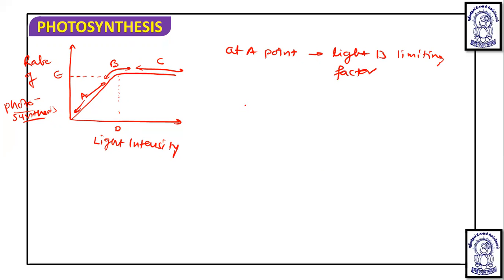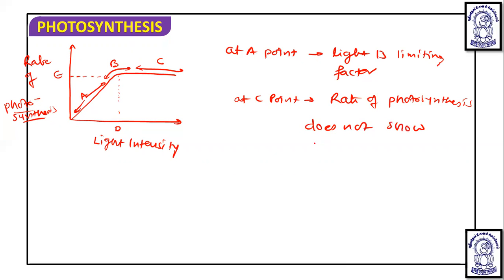If we talk about points C and D, at point C the rate of photosynthesis does not show further increase as other factors become limiting.